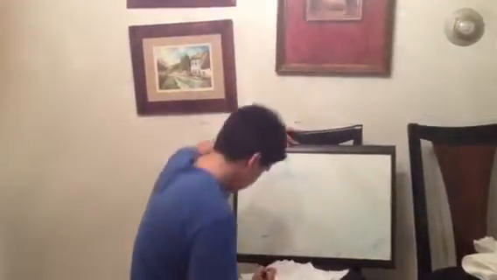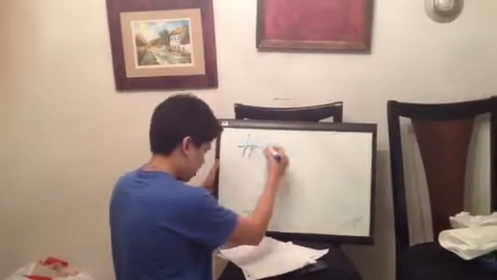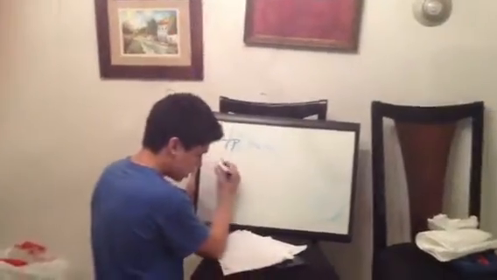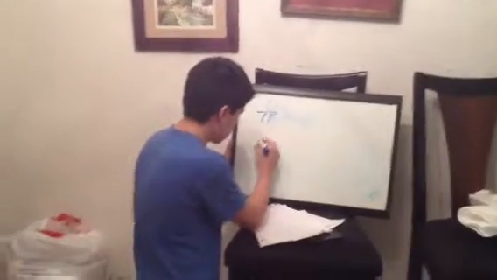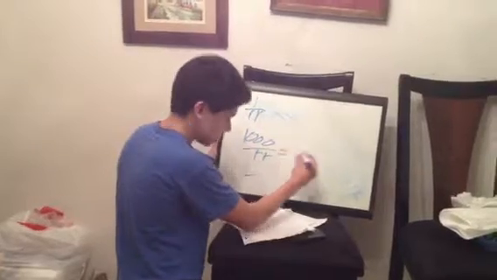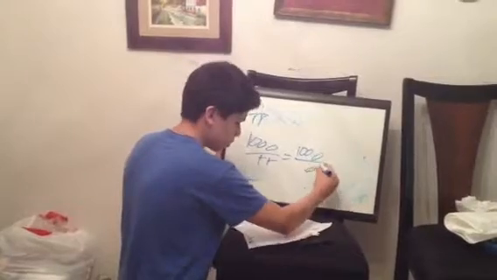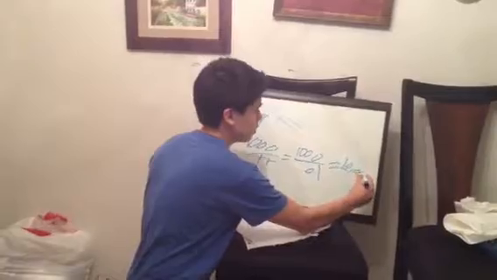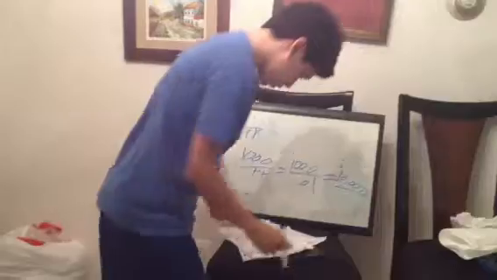So, this is the money multiplier, 1 divided by the reserve ratio. Now, the increase in money supply goes up by 1,000 because it's being deposited. So, you have 1,000 divided by 0.1, which will equal then 10,000. And this would be the increase in money supply.